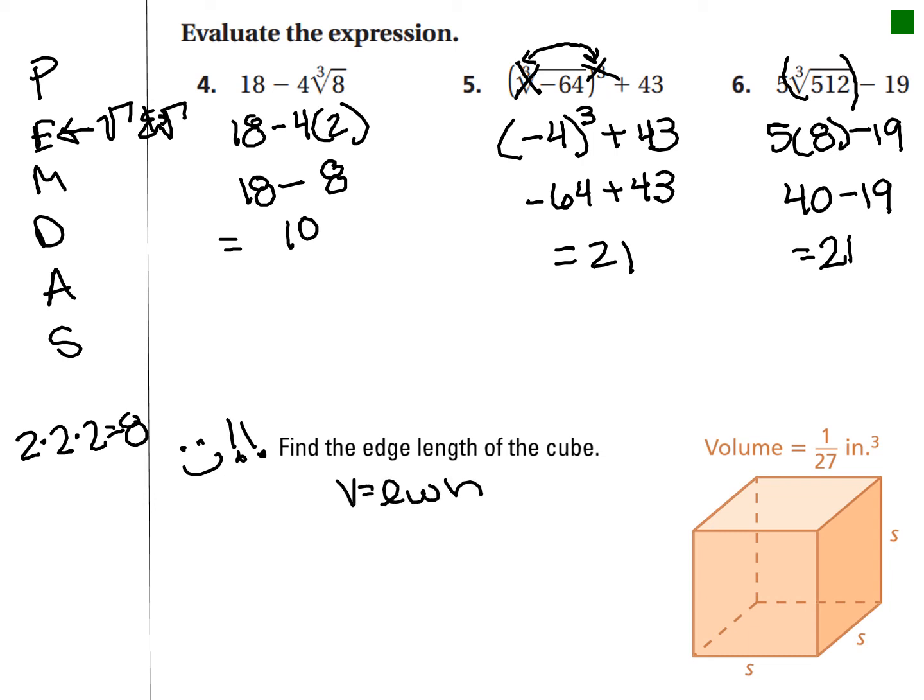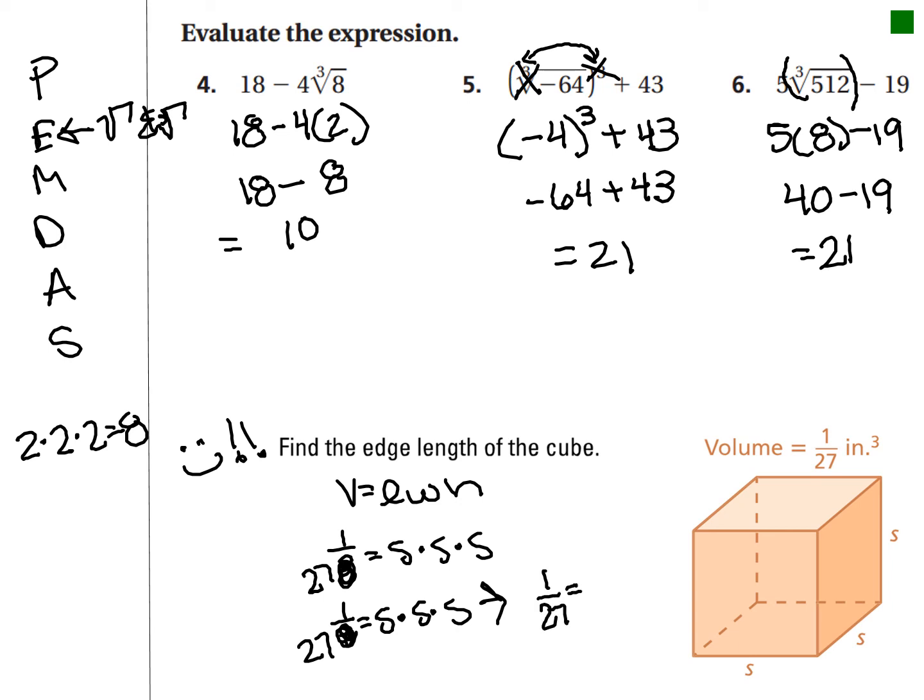If the volume is 1/27 and the length, width and height are the same, we can reduce this down to 1/27 equals S times S times S, which simplifies to 1 over 27 equals S cubed.